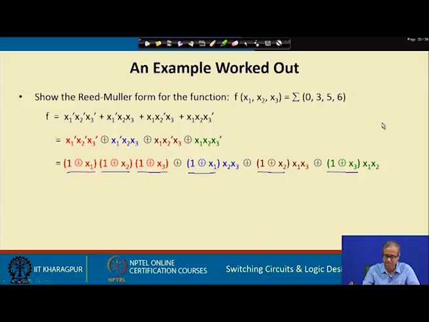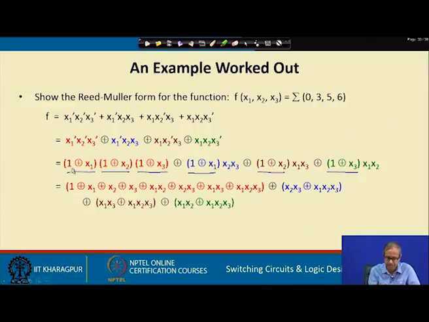We simply multiply this part. This red first term gets like this. The second term, blue, becomes x2 x3 XOR x1 x2 x3. The brown term becomes x1 x3 and x1 x2 x3, and the green term becomes x1 x2 and x1 x2 x3.